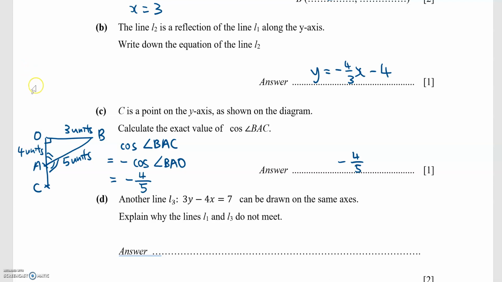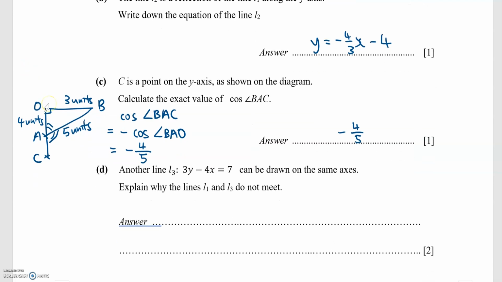For part D, they tell us that another line, L3, given by this equation, 3y minus 4x equals 7, can be drawn on the same axis. We have to explain why the lines L1 and L3 do not meet.